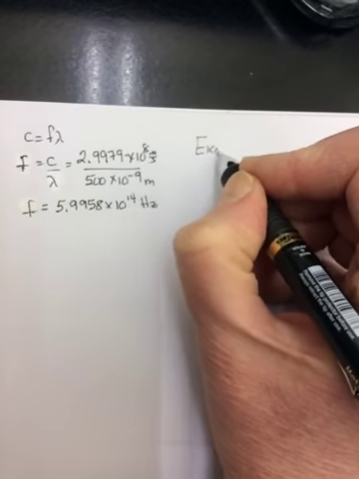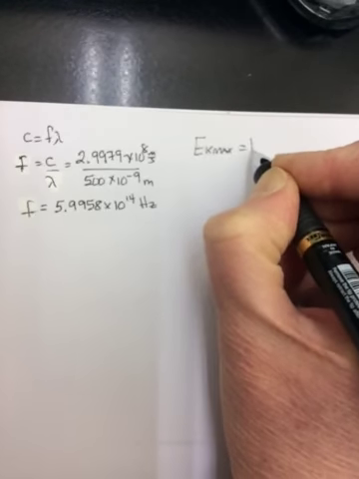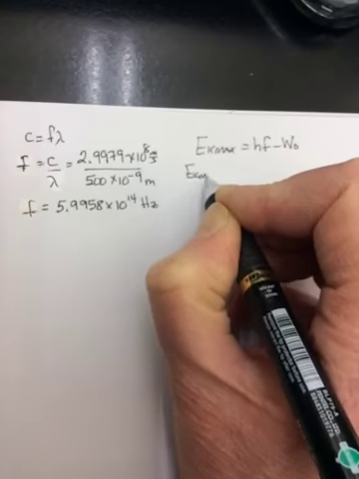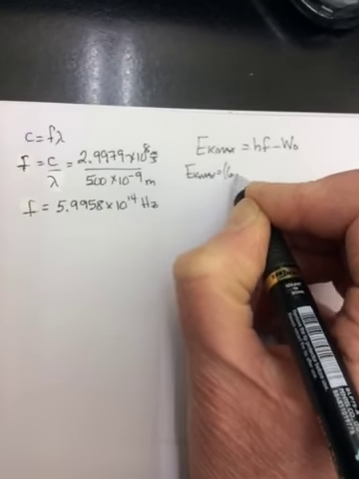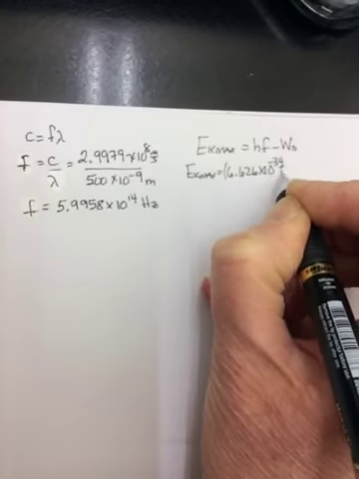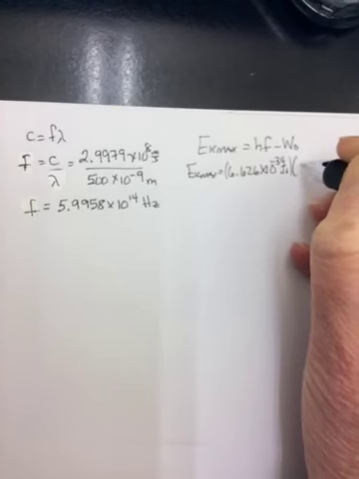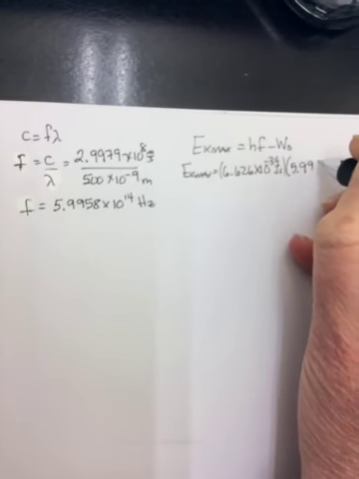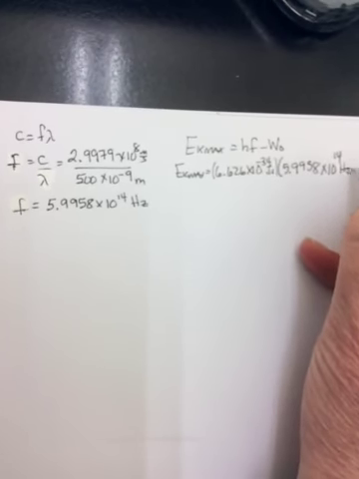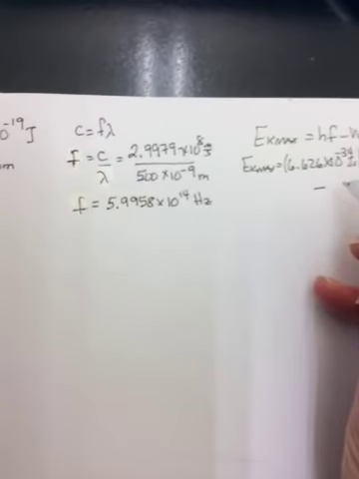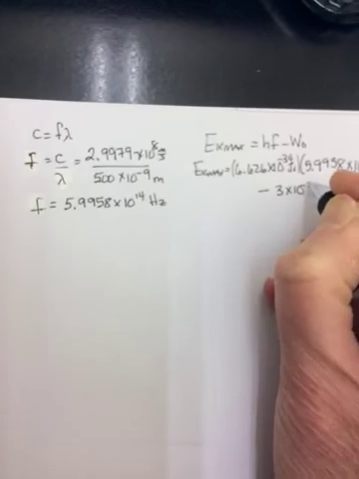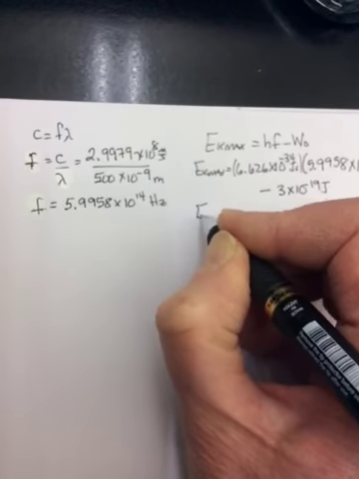Because from the photoelectric effect equation, EK max is equal to HF minus WO. So EK max is equal to 6.626 times 10 to the negative 34 joule seconds, F is what we just found, 5.9958 times 10 to the 14th hertz, and then minus the WO that they gave us in the question, 3 times 10 to the negative 19 joules.